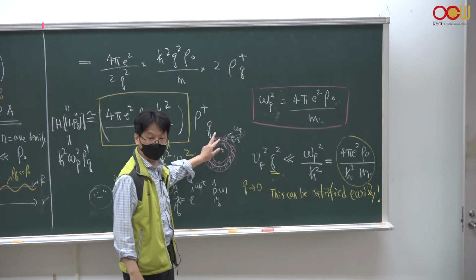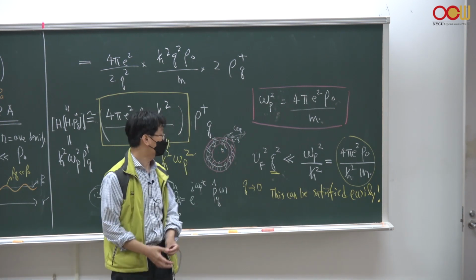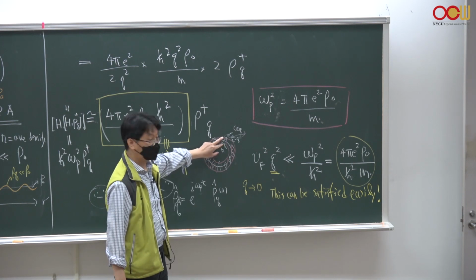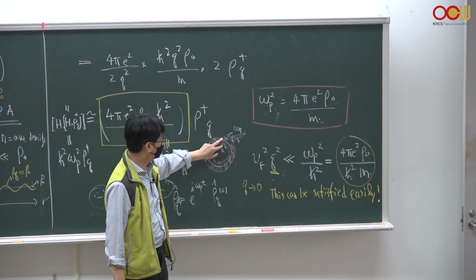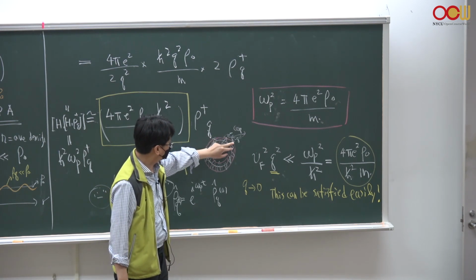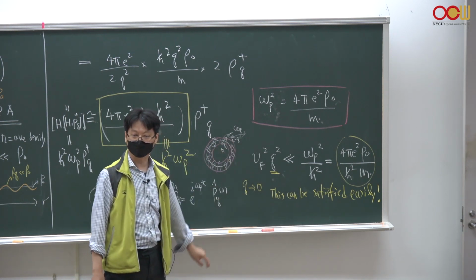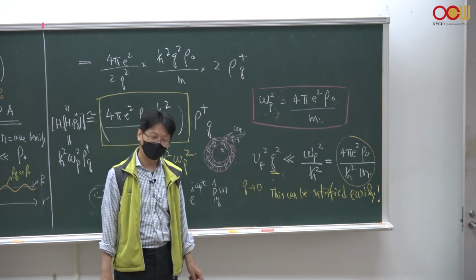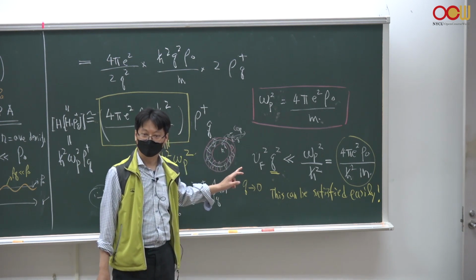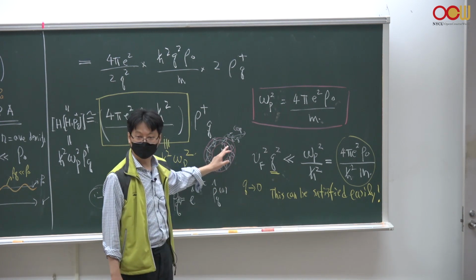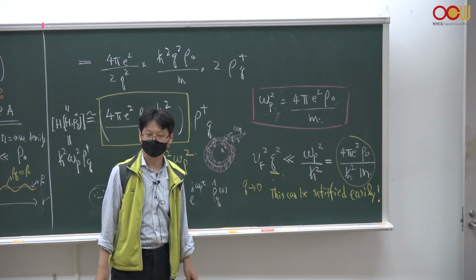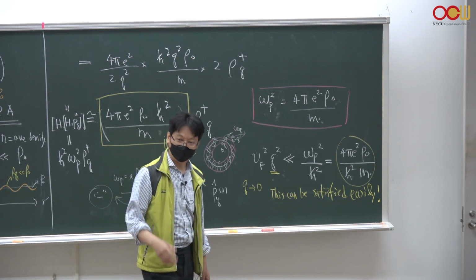Of course, this is a q-space physics, because you know that those electron-hole pairs near the Fermi surface, when they are formed, they should carry this momentum transfer. So by the Heisenberg uncertainty relation, if you know this momentum, do you know where they are? No, that's right. You don't know where they are.